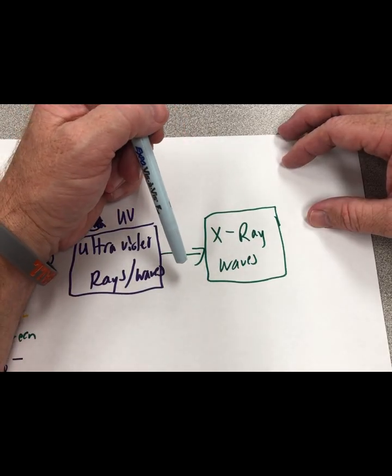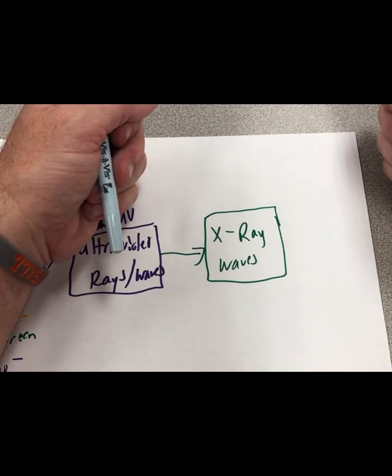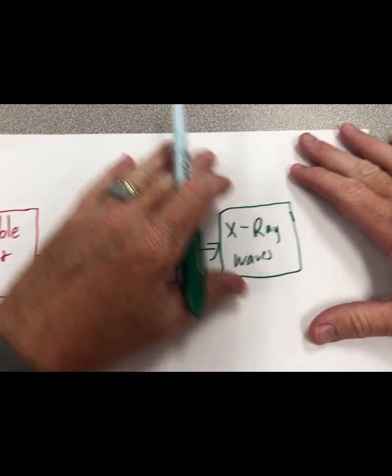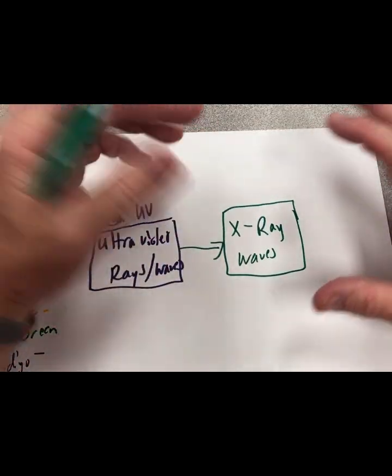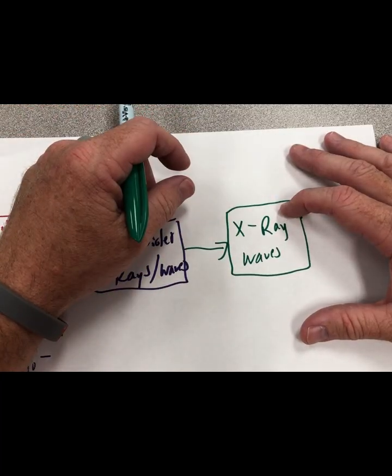Now, what actually happens there is the photo that they give you, they call that the film. That's just the film. The X-rays are used to make that picture of your broken bone or your fractured bone or something like that.